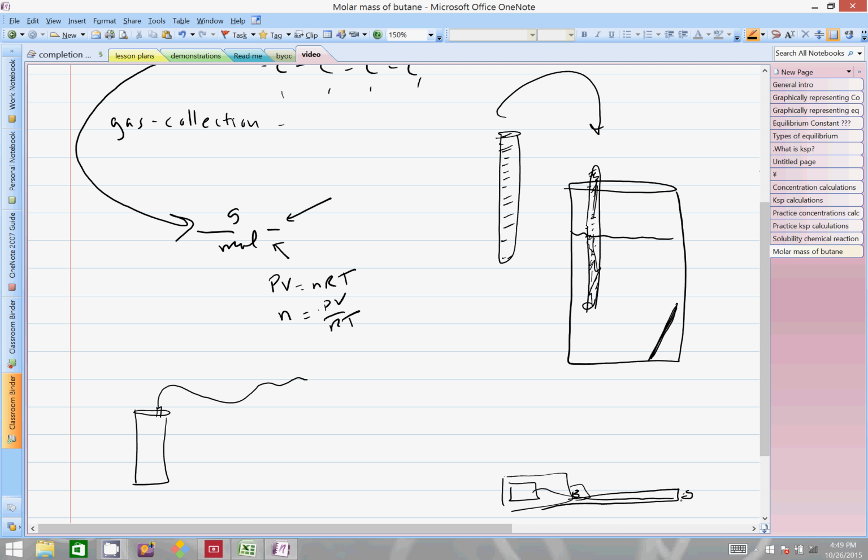All right, so here's the deal. This thing here hooks up by a little piece of rubber tubing. This is a small amount of gas that you're going to be utilizing here, so any amount of water will throw off your calculations. You're going to mass this thing beforehand, and I would take this tube off. It just pops off.